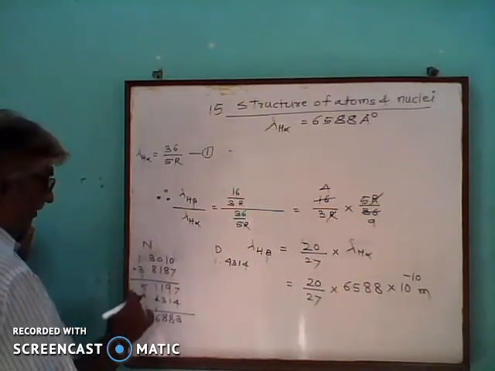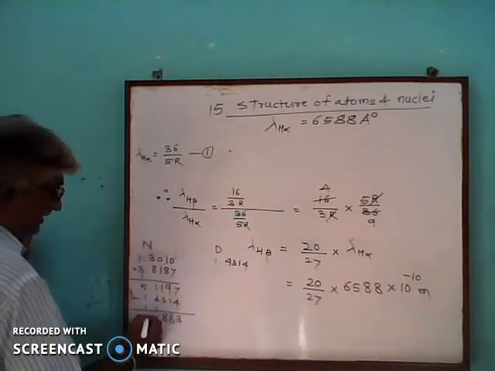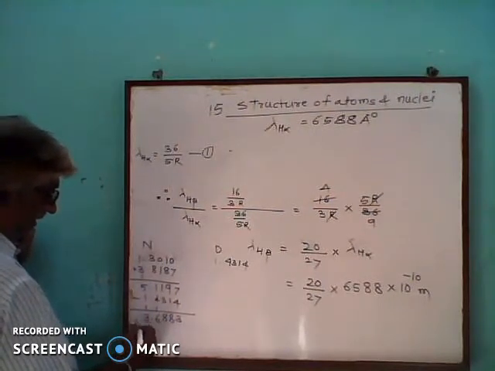Here from 5, 2 will be subtracted, then the remaining will be 3. Take its antilog.